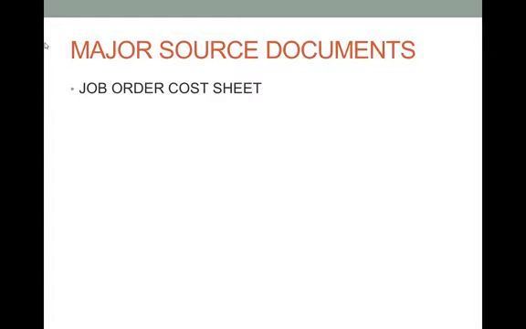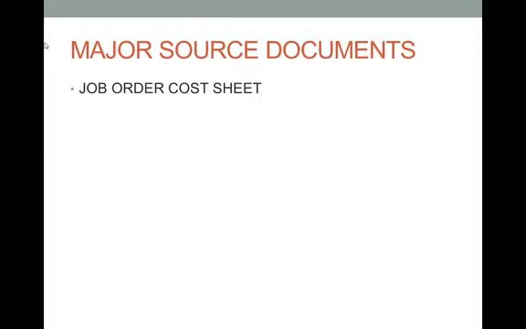The job order cost sheet is one of the major source documents of job order costing because these records accumulate product costs of specific units or small batches of units for both product costing and control purposes.